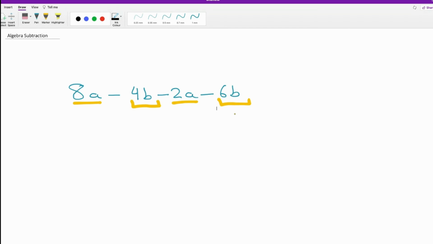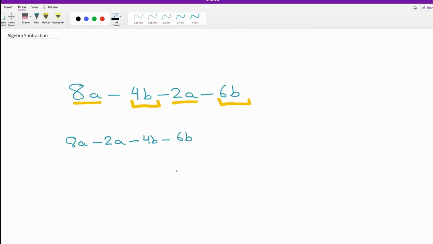Now, you can just do this on the fly if you're very experienced with it, or if you want to get a bit more comfortable, try move the similar groups together. So for example, moving the like terms of a together, so 8a minus 2a, that's one group, and the second group dealing with the b's, minus 4b minus 6b.